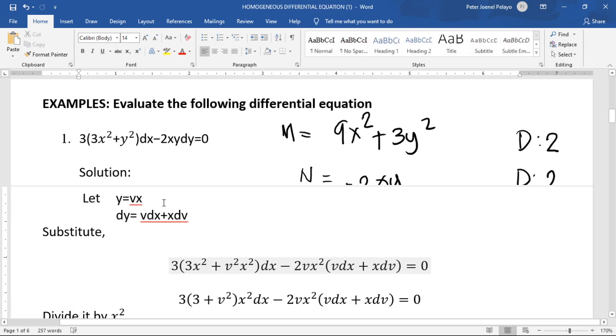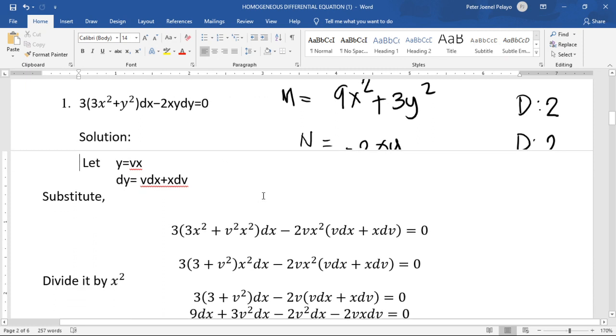Now, so, 3 times 3x squared plus ang y squared, pag sinubstitutan vx, so magiging v squared x squared. And then, dx minus 2xy. So, mangyari dito, diba 2xy siya? So, mangyari dito is 2x multiplied by vx. Tama? Kaya pag sinimplify mo, 2v x squared. And then, multiplied by dy, which is v dx plus x dv. And then, equal to 0.